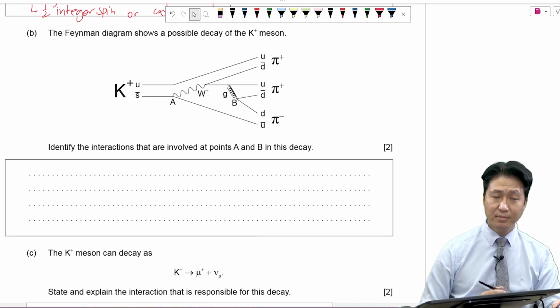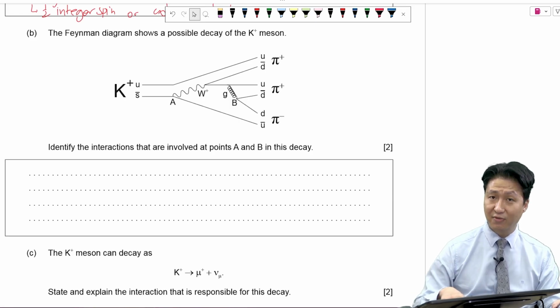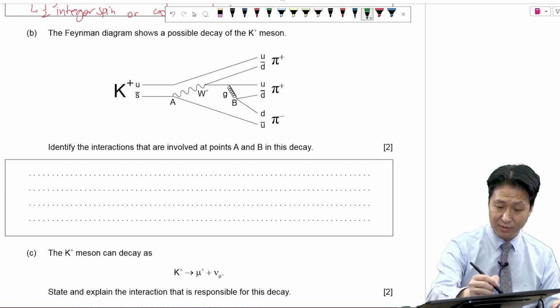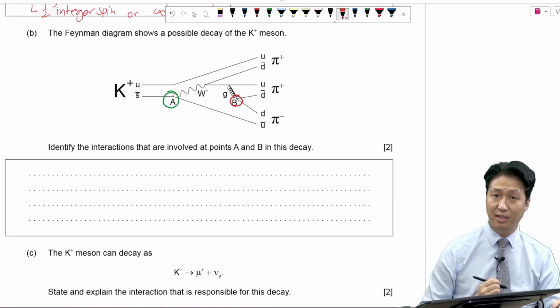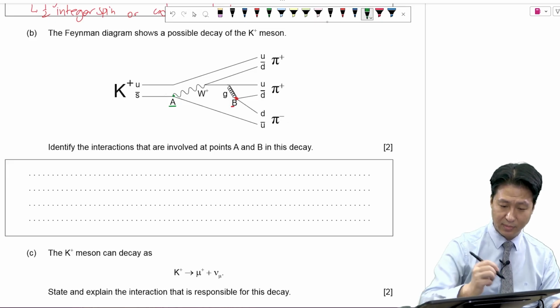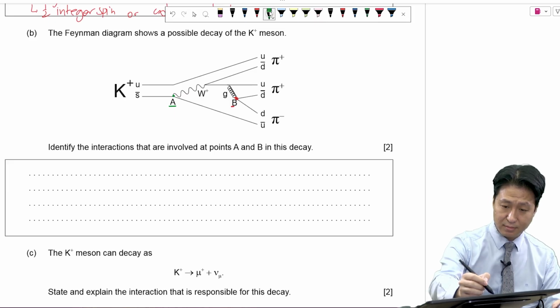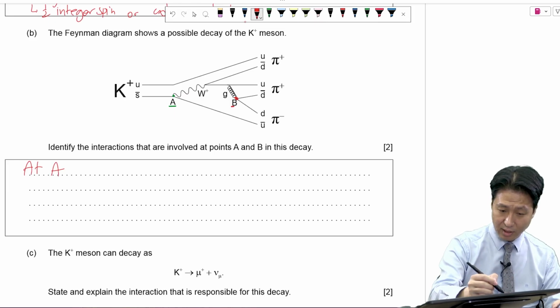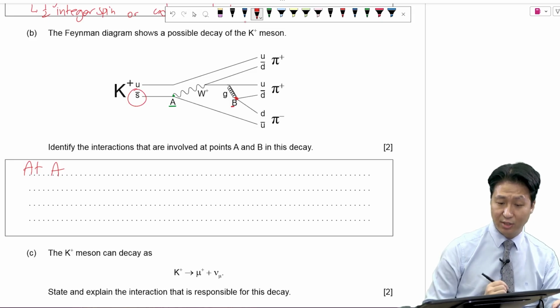Part B. The Feynman diagram shows a possible decay of the positive kaon meson. Identify the interactions that are involved at points A and B in this decay. First, let's label point A, and then there's a point B here. So what happens at A? At A, you have an anti-strange.